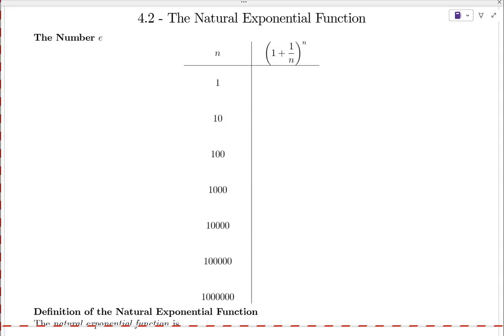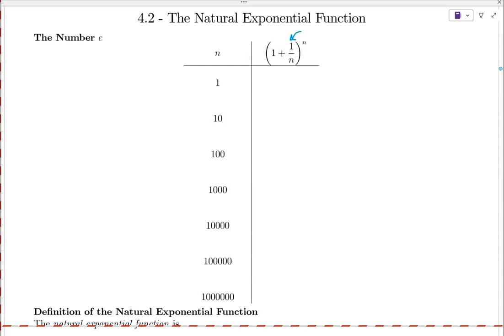For an exponential function, the base has to be a constant. Is the base a constant in this expression? No. I have an n in there, right? So this is not an exponential function, but it kind of looks like one. Let's just analyze this for a second, and then we'll start plugging some numbers into our calculator. That's what this table's for.